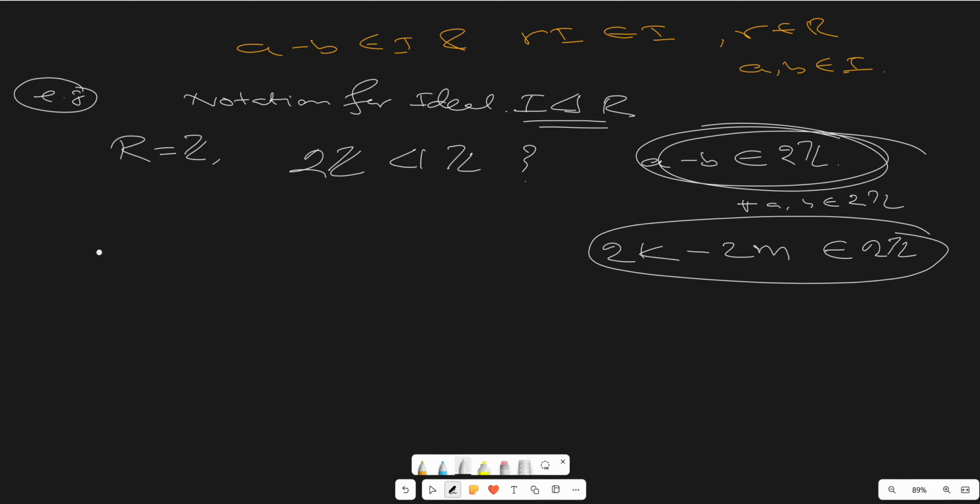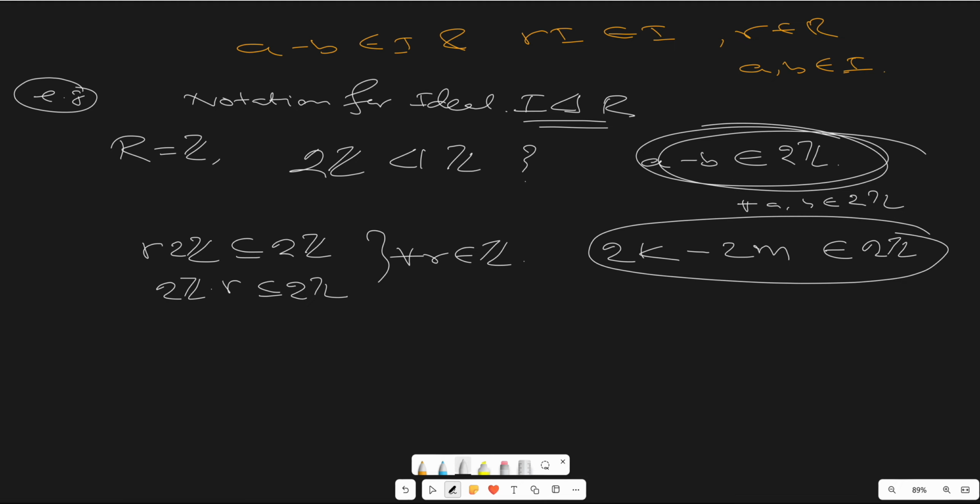You have to show that R times 2Z is contained in 2Z, and 2Z times R is contained in 2Z, where R varies over the entire Z. This is also trivial.